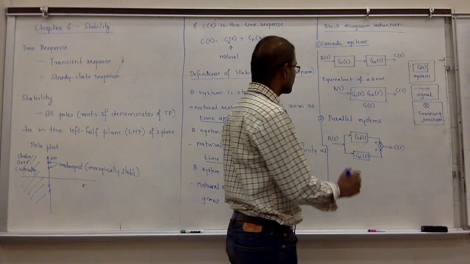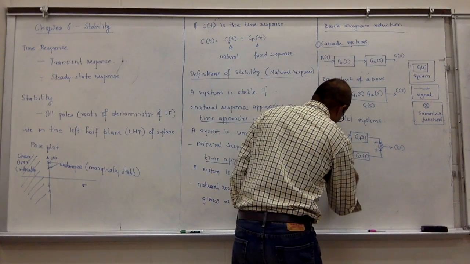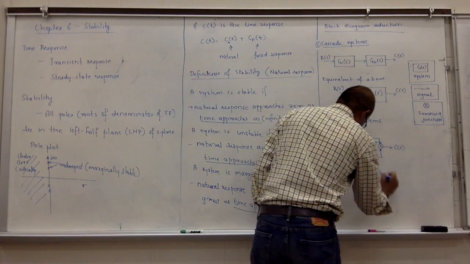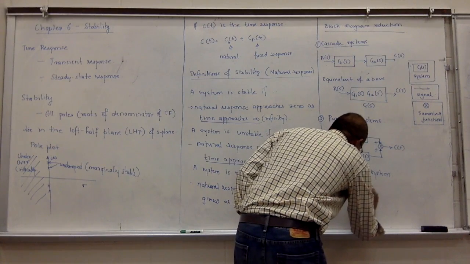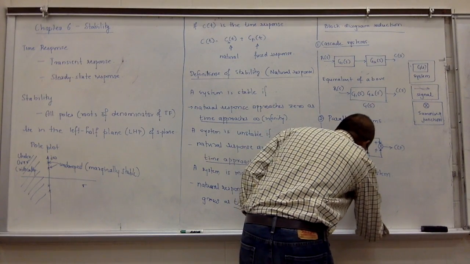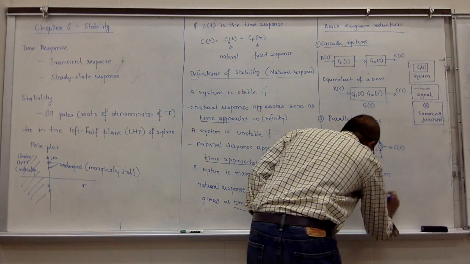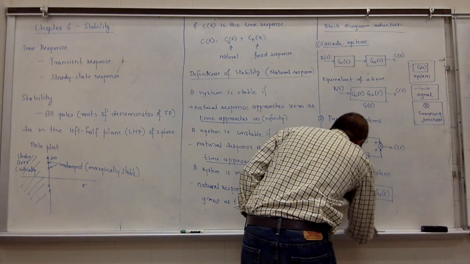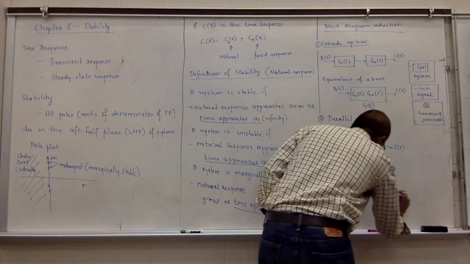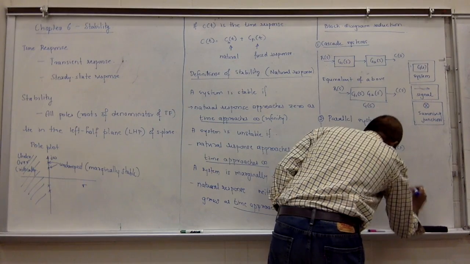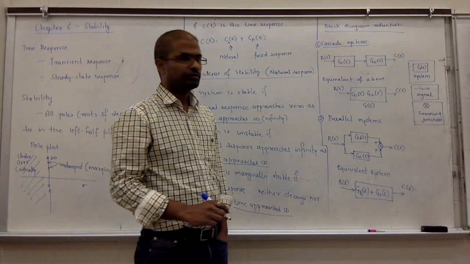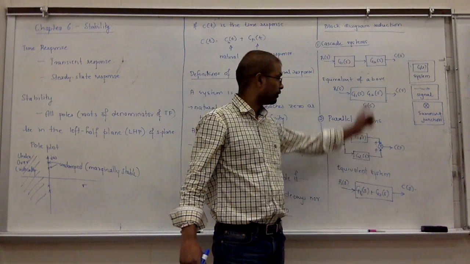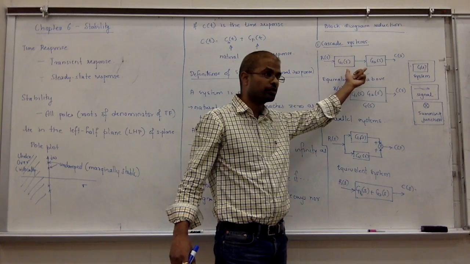So here the equivalent system would be G1 plus G2. Make sense, Micah? So if you have something like this, you add the two systems. If it is something like this, you multiply the two systems.